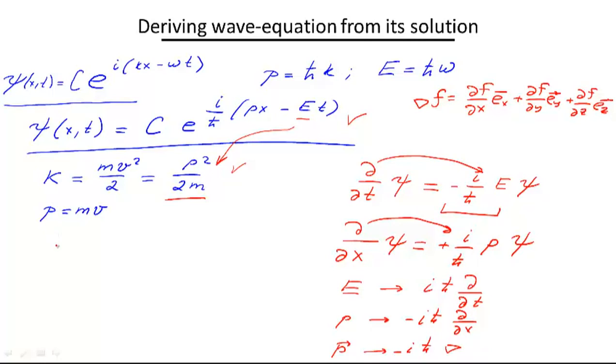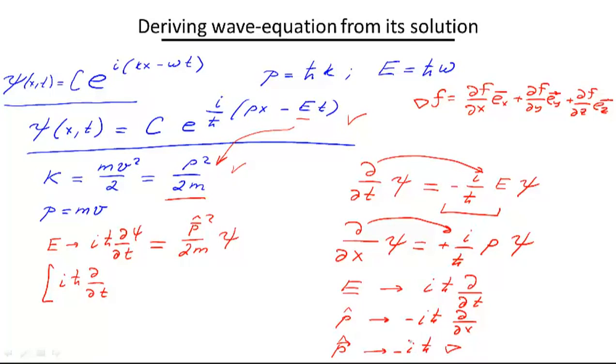In the left hand side we're going to write our energy, E, as i h bar d over dt acting on the wave function psi, and in the right hand side we're going to write this so-called momentum operator, let me actually put a hat here, p squared over 2m, also acting on psi.